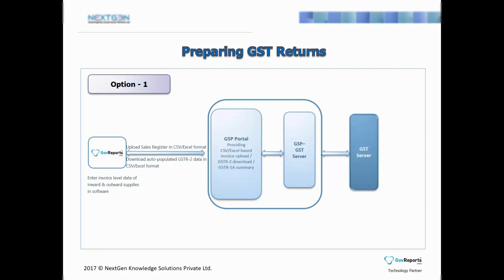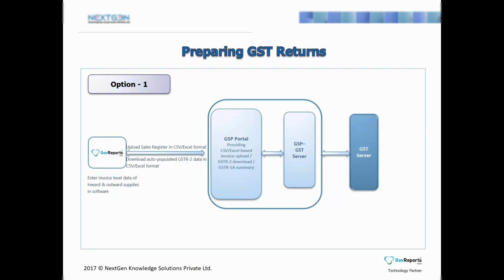Now for preparing GST returns, the taxpayer has 2 options. One option is that he can use the compliance software for preparing his return. So he needs to enter the invoice level data of his sales in the software itself, then upload the return to the GST portal.